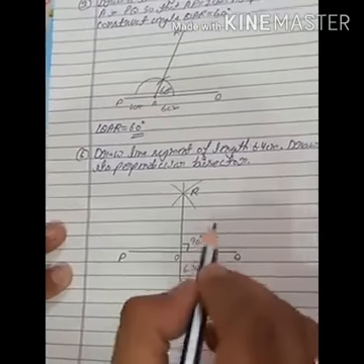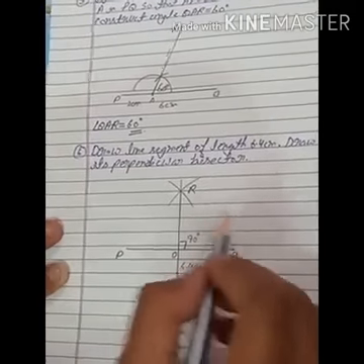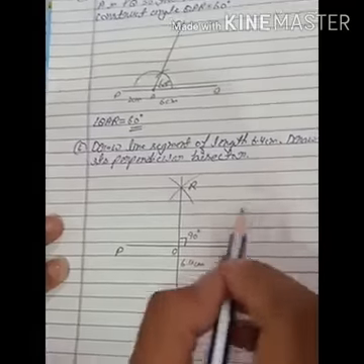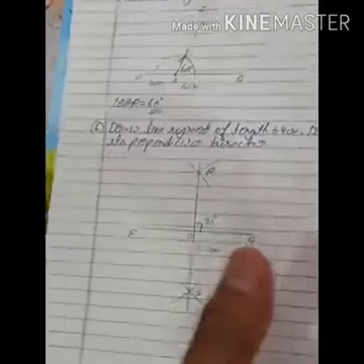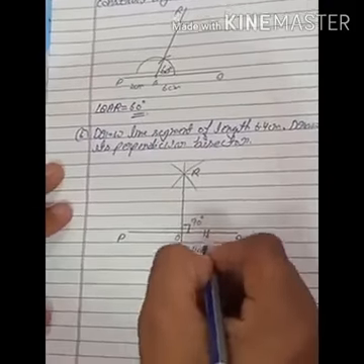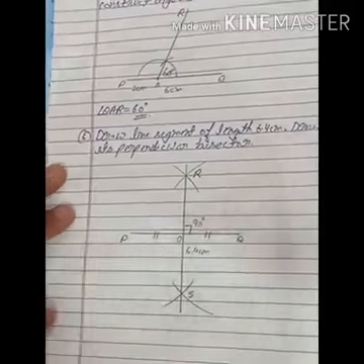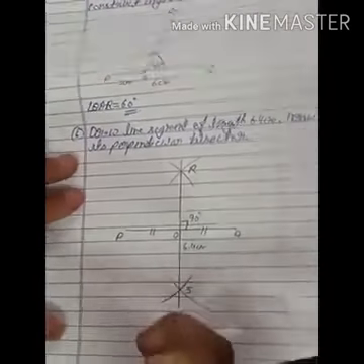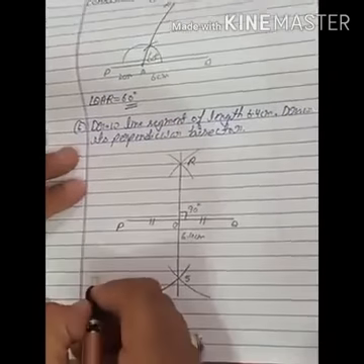If we are constructing the perpendicular bisector of any line, it means we are bisecting that line in 2 equal parts. It means both OQ and PO are equal. So what we will write?